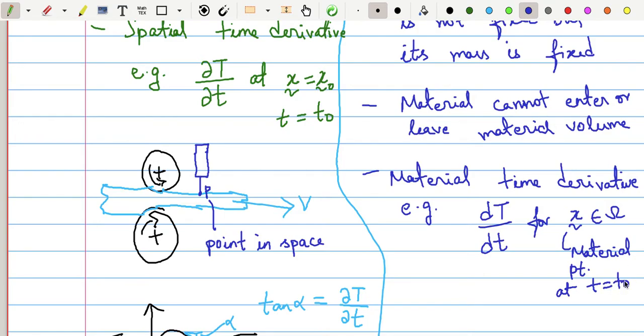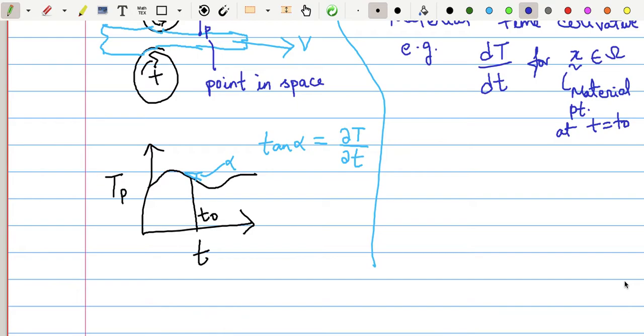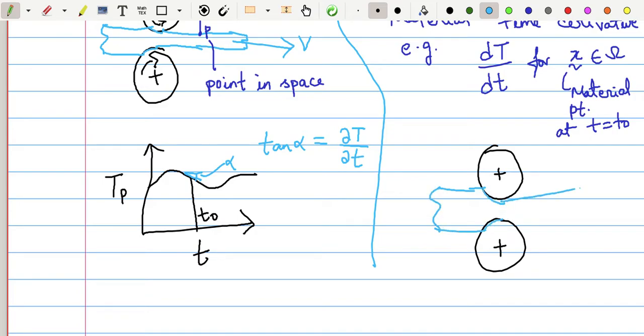Now what is the difference between the two derivatives? If I again take the same example of sheet rolling, let us say I have two rollers and a sheet which is entering the rollers. It is getting thinned and it is progressing ahead.